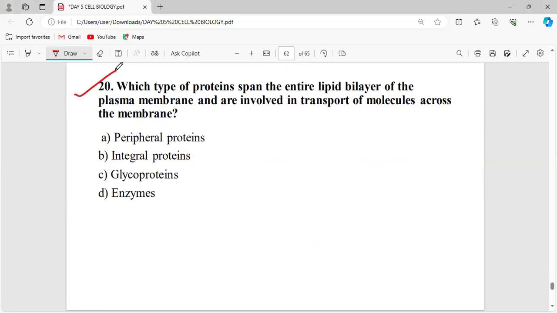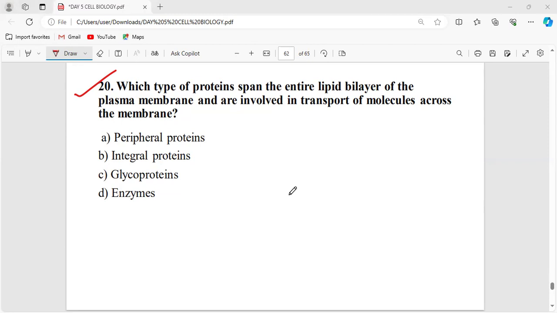Which type of proteins span the entire lipid bilayer of the plasma membrane and are involved in the transport of molecules across the membrane? We have peripheral proteins, integral proteins, and transmembrane proteins in the plasma membrane.